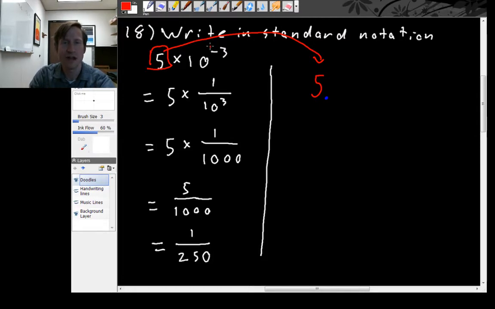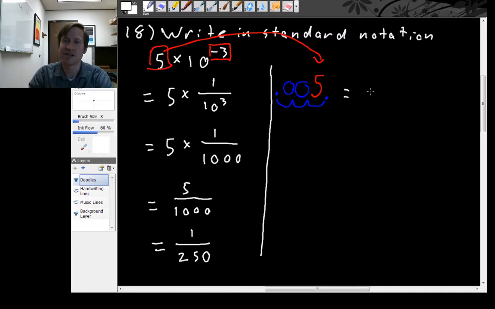The -3, the exponent on the 10, tells us which direction and how far to move this decimal point. So since it's -3, we're going to move this decimal point to the left 3 times. 1, 2, 3. So it goes here. And any blank spot that it moves by, there's really a 0 there.